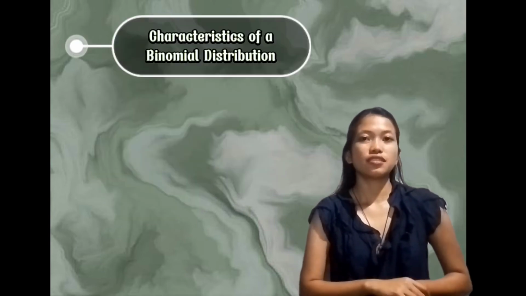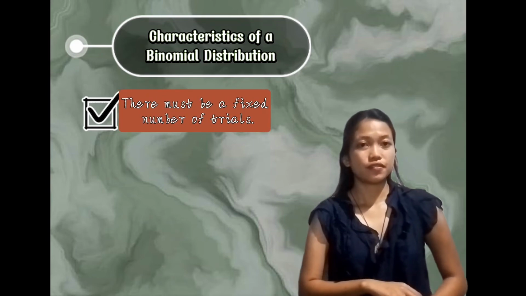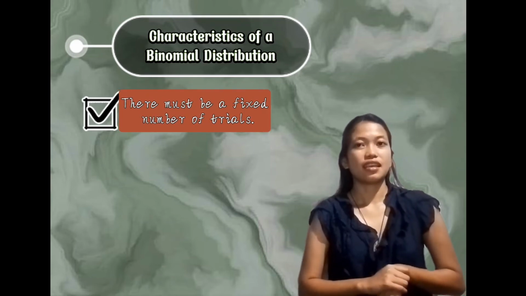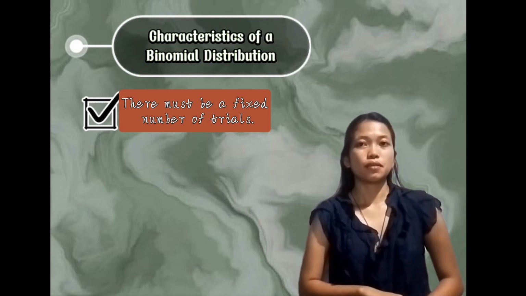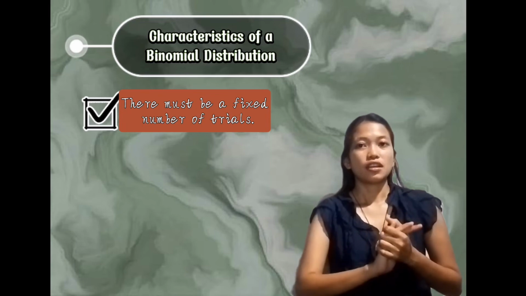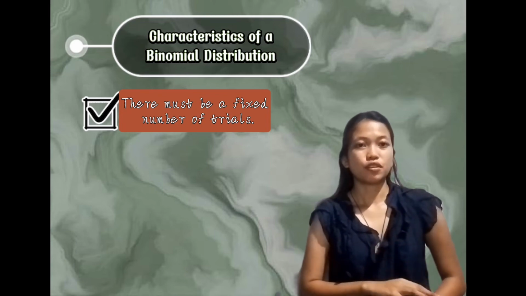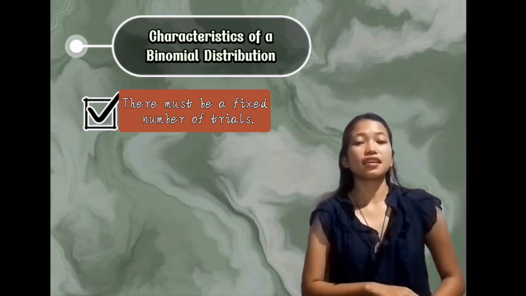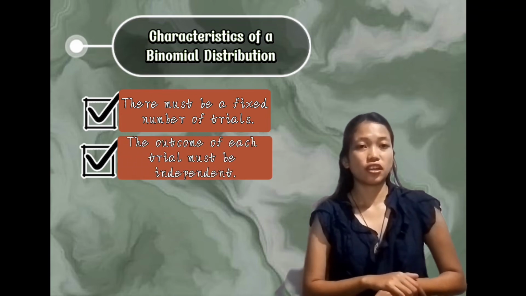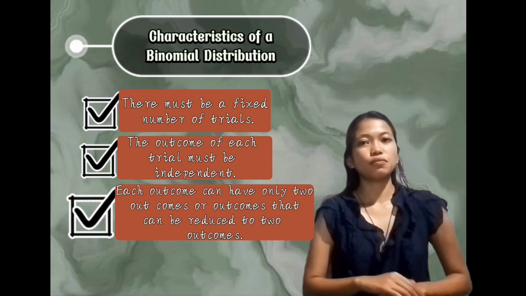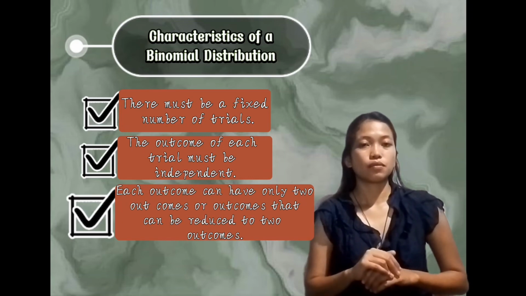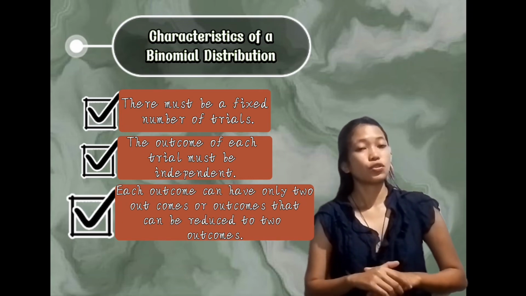First characteristic is there must be a fixed number of trials, since we will only use the normal approximation when the n is large. Therefore, we should know the value of n, or the number of trials. Second, the outcome of each trial must be independent. Third, each experiment can have only two outcomes, or outcomes that can be reduced to two outcomes.